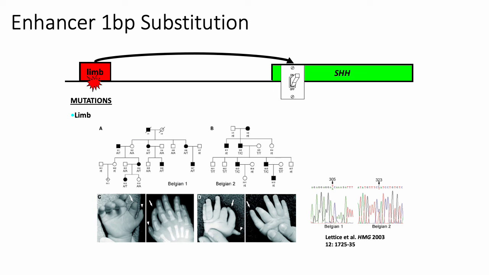And so it's pretty remarkable that even single base pair substitutions can have very large-scale phenotypic effects on an organism. So here's an example of literally a single base pair substitution that can lead to malformations of different limbs in an organism.